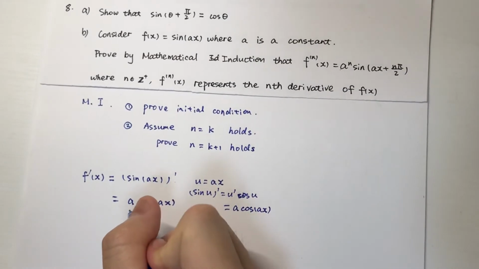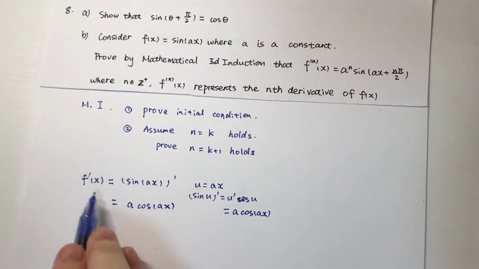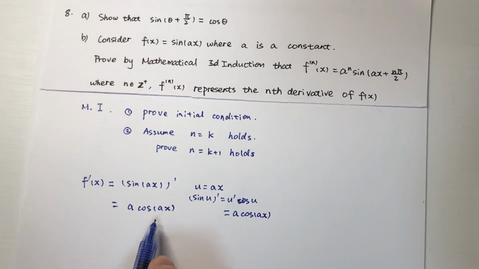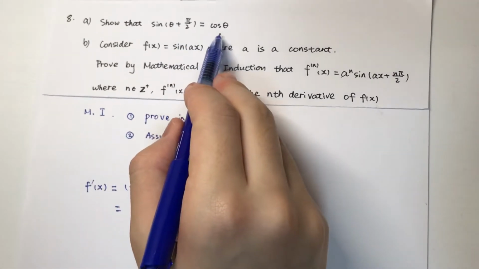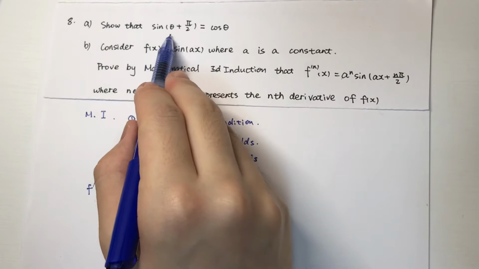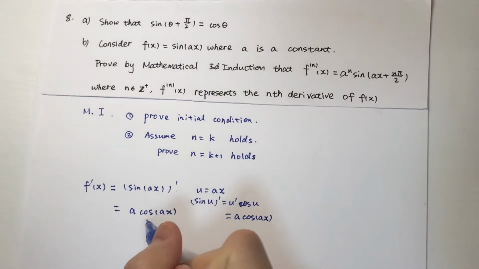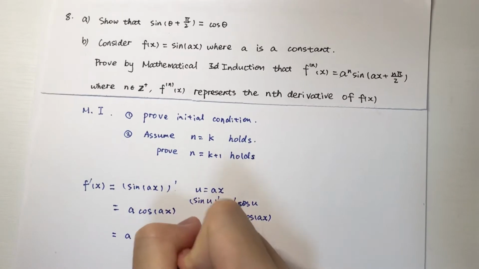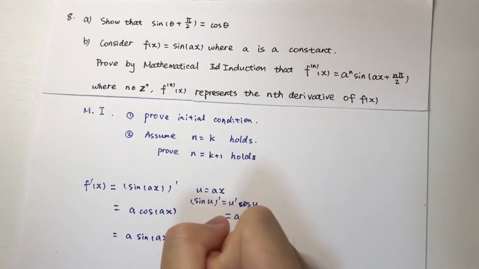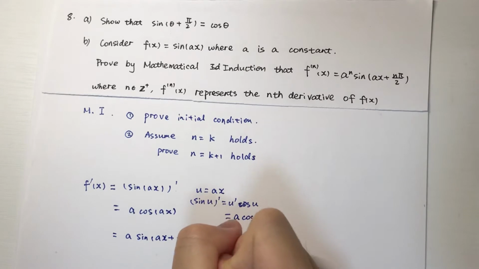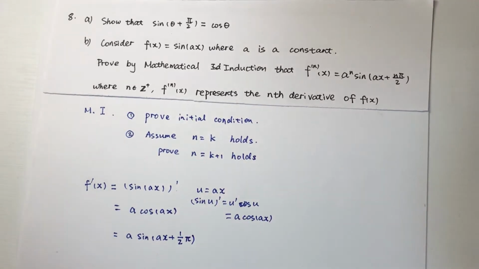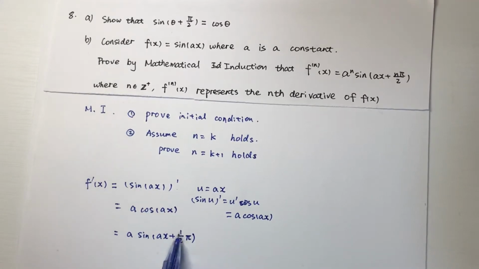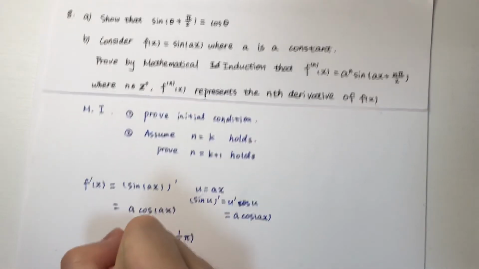Okay, so now f'(x) equals a cos(ax), and by the first one, cos θ equals sin(θ + π/2). So we substitute cos(ax) as sin(ax + π/2). And so we see when n equals 1, it matches, so the initial condition holds.